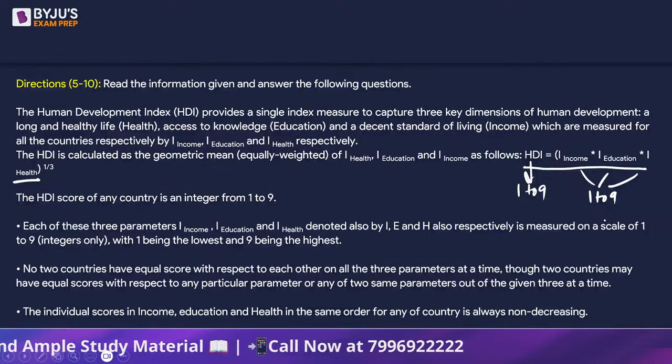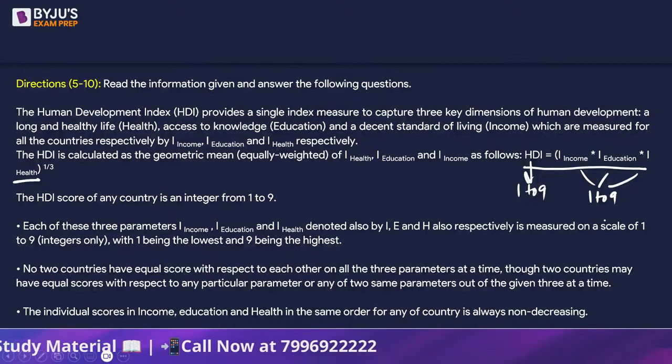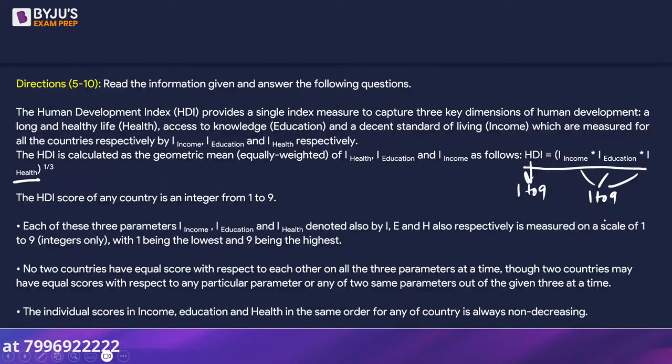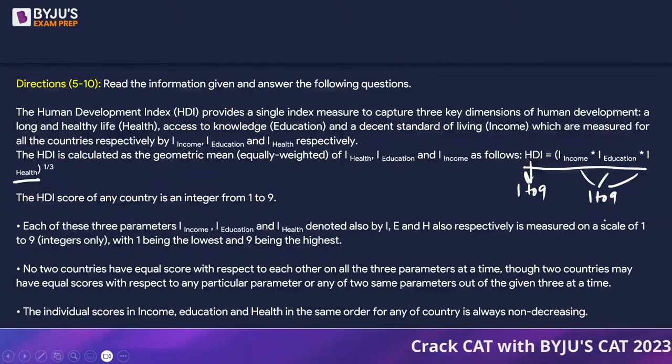No two countries have equal score with respect to each other on all the 3 parameters at a time. Though two countries may have equal scores with respect to any particular parameter or any two same parameters out of the given 3 at a time.